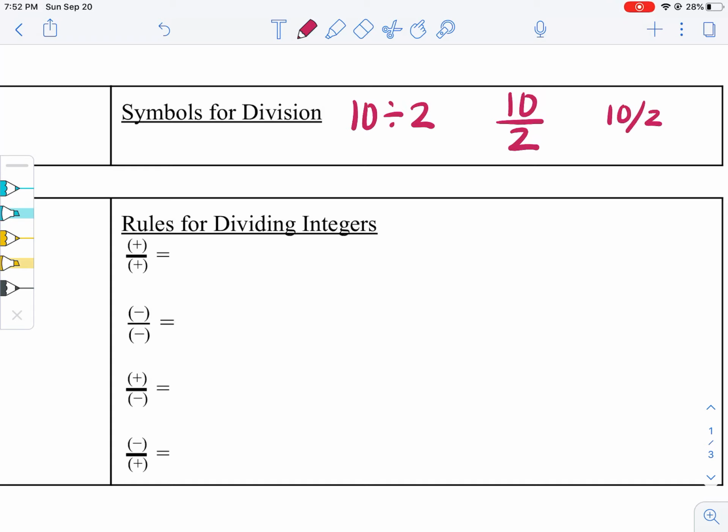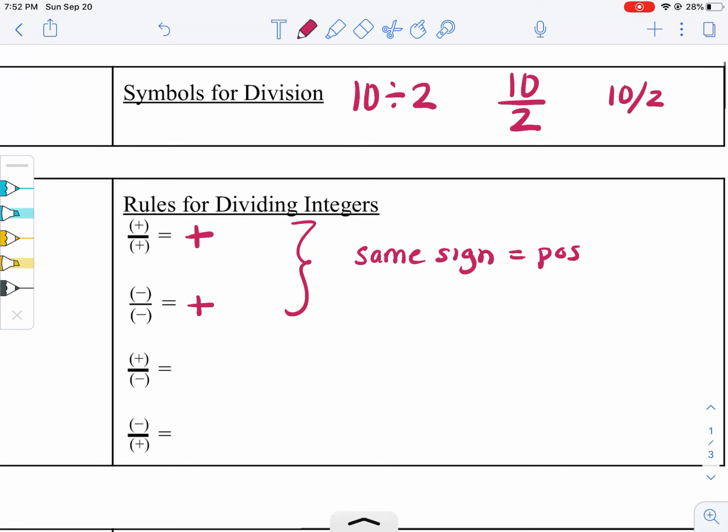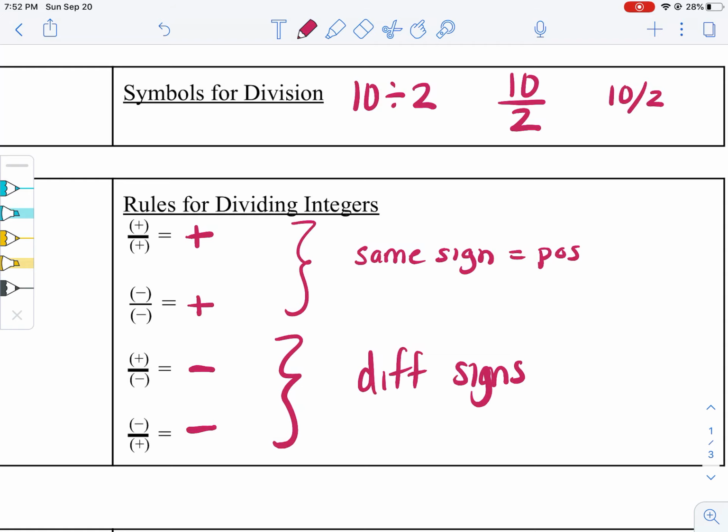And the rules are the same for division. Positive divided by a positive is a positive. Negative divided by a negative is a positive. So here we have same sign is a positive. And positive divided by a negative is a negative, and a negative divided by a positive is a negative. So different signs equals a negative.